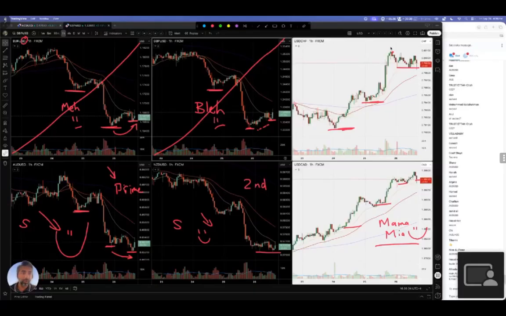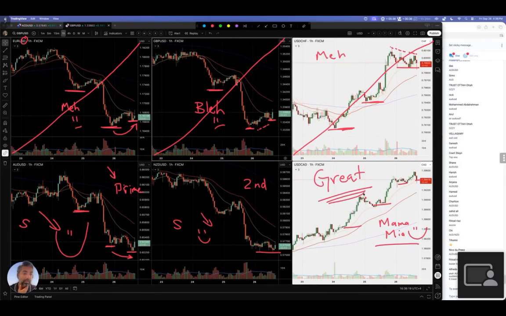This is also a meh, so I don't want to do this one. But this one is a Mamma Mia. This also looks great. Amazing. So I'm down to three contenders. I haven't done any technical analysis yet. All I'm doing is understanding that if I have to trade US dollar, I know where to put my focus, if I want to continue in that direction.